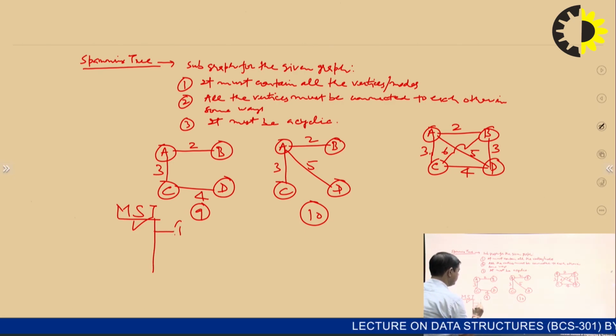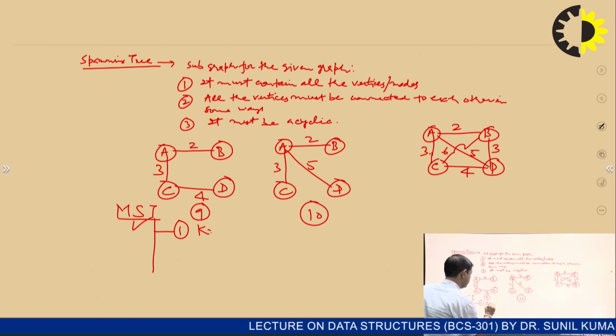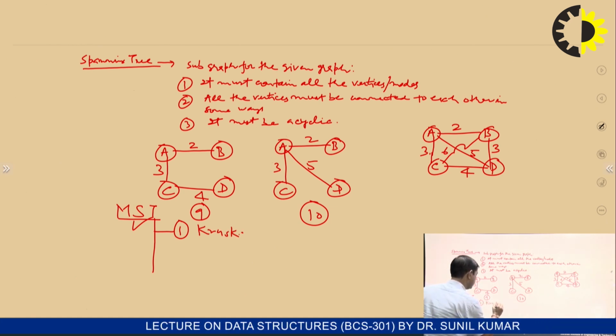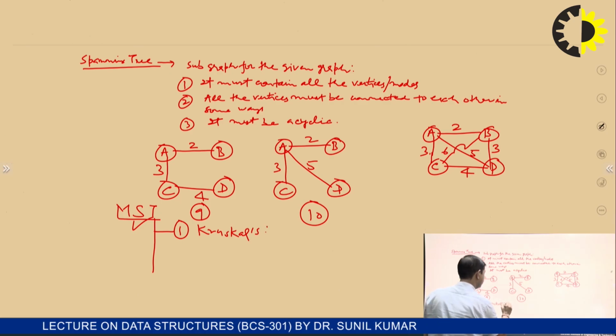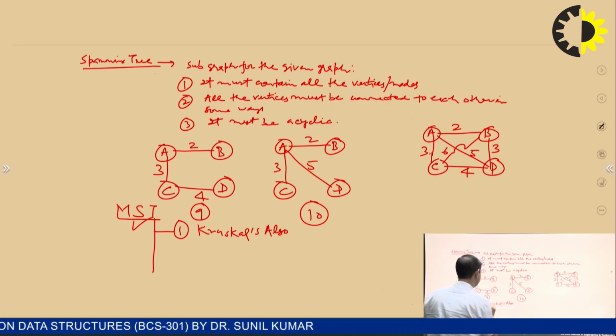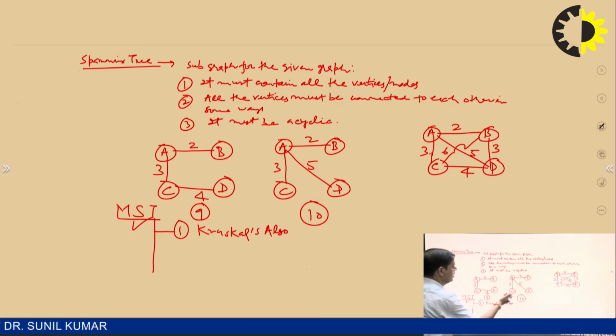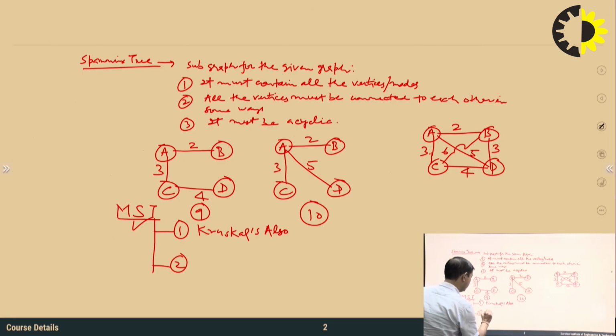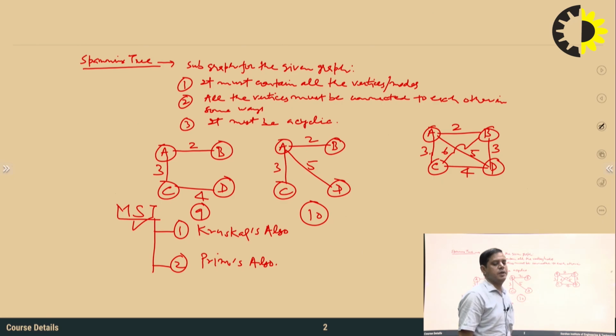One is called Kruskal's algorithm, with the help of which we will make the minimum spanning tree. And the other popular algorithm is called Prim's algorithm. These are the two popular methods or algorithms, with the help of which we can construct the minimum spanning tree directly.